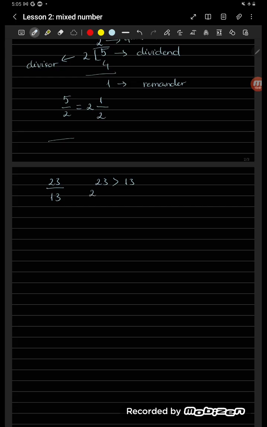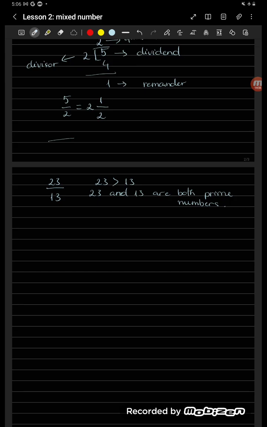Okay, 23 and 13 are both prime numbers, right? Because they are both prime numbers, so it's okay.